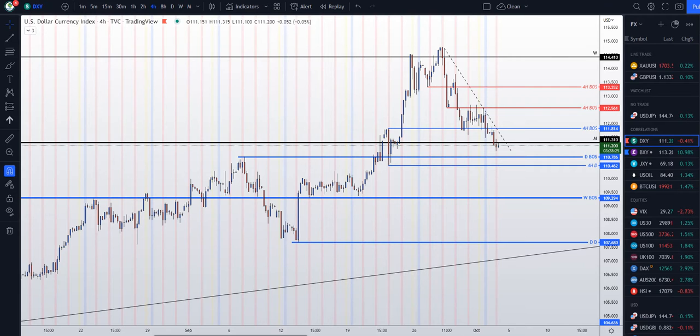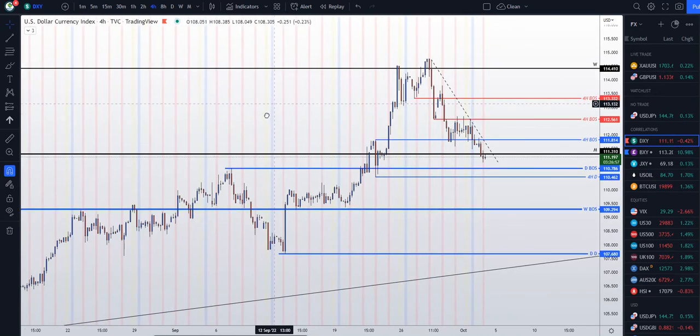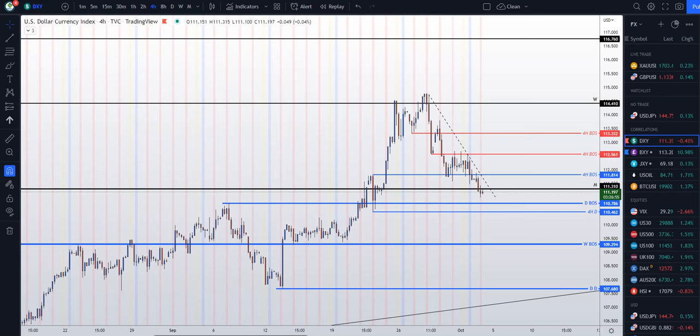All right, so for the investor sentiment so far, the dollar is still within its pullback structure, having pushed new lower lows here, breaking previous lows within this pullback structure. From new 30-year highs, we have had this new lower low, lower high, lower low, lower high, new lower low.